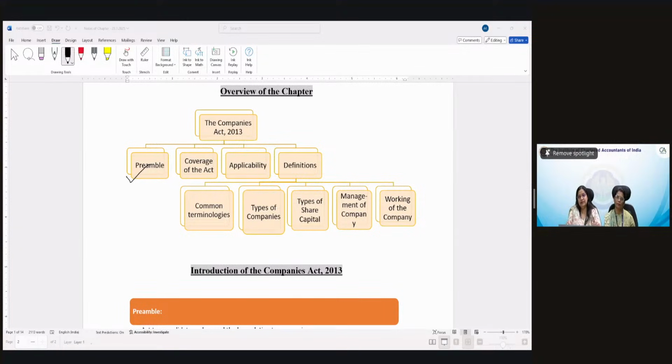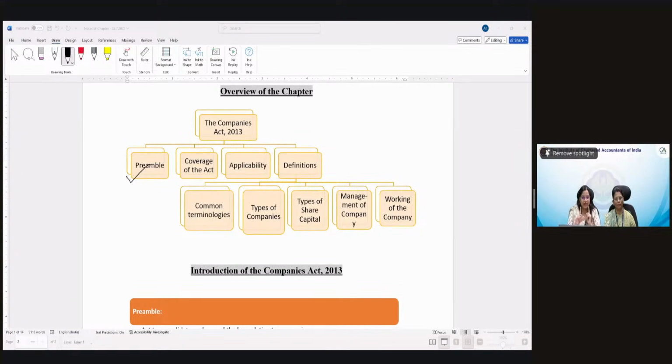Once it is done, then it has to be passed by both the houses of parliament. And only when it is passed by both the houses of parliament, it is sent for the assent of the president. Once the president has given the assent to the proposed bill, it becomes an act.